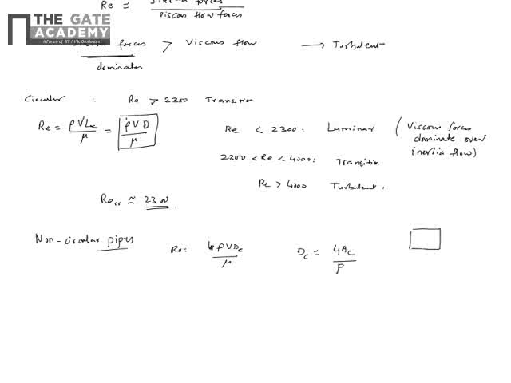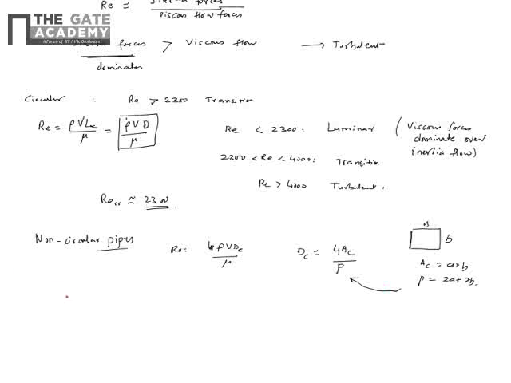Let's say we have a rectangle where lengths A and B are given. Based on that, you can find the area of cross section, A times B. The perimeter is 2A plus 2B. So it's basically converting this equivalently into a circular pipe. So for non-circular, this is the thing.